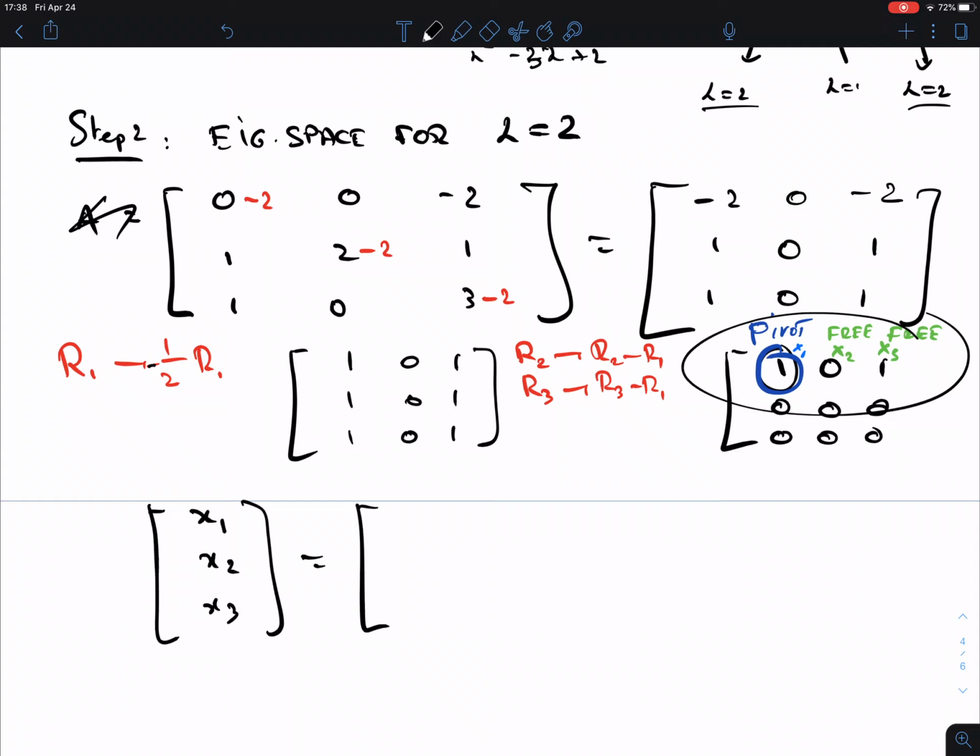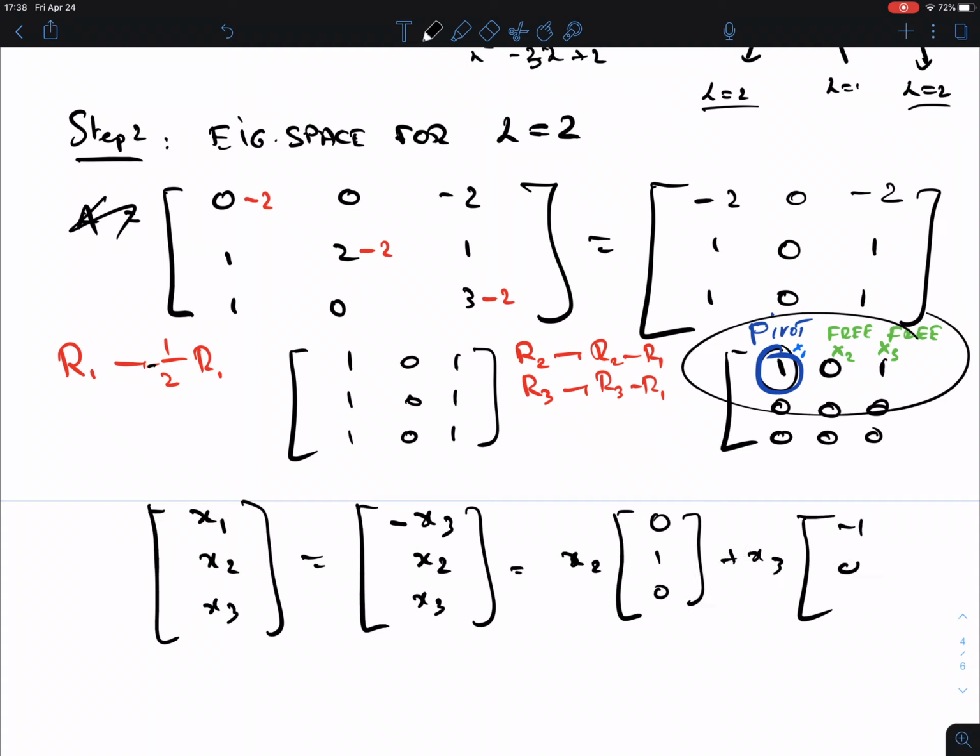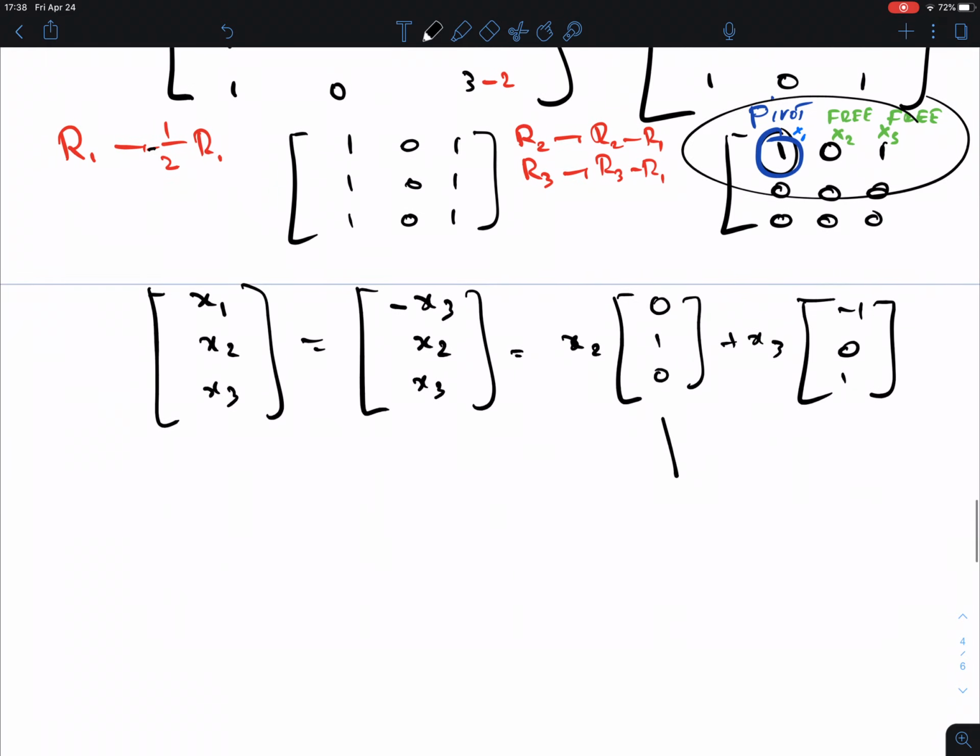It tells me that x1 is equal to negative x3, and x2 is equal to itself, and x3 is equal to itself. We factor out the terms with x2, that is only one of them, and then with x3 we have negative 1, 0, 1. So we have 2 basis vectors here. This is the basis for the eigenspace, and then there are 2. And that's the good news.